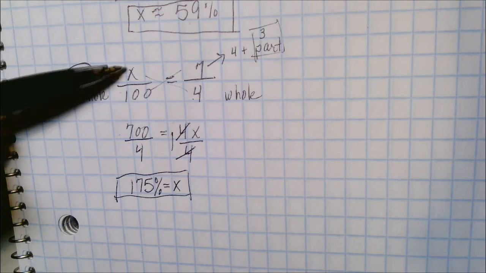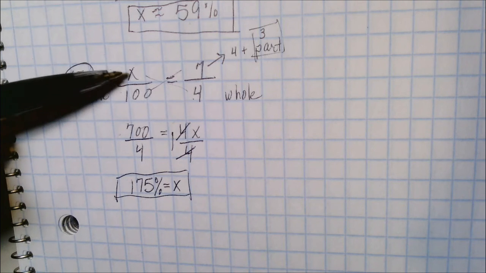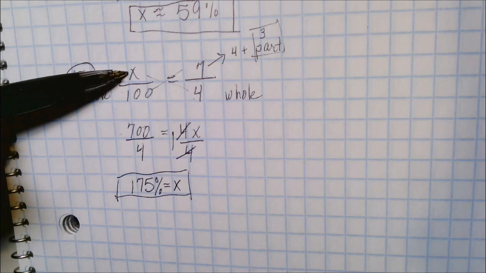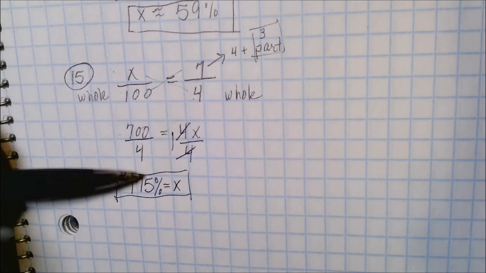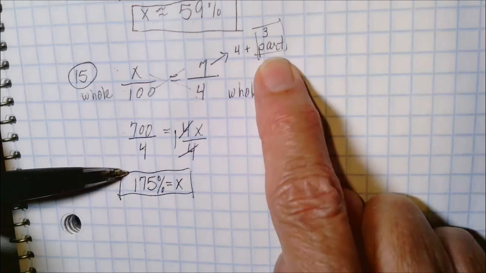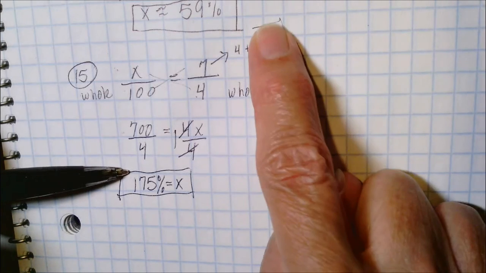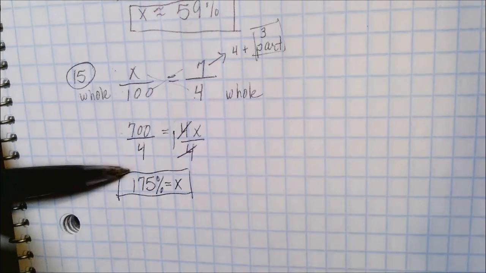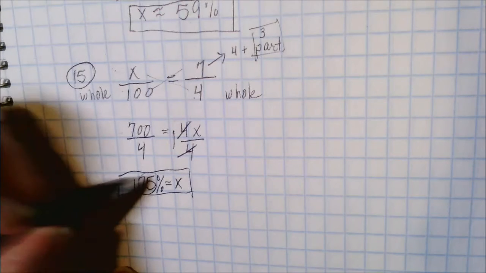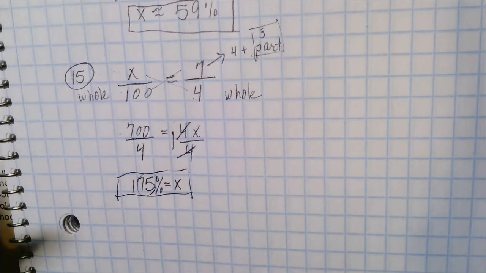So 175 does make sense for an answer. So the 3 right here, this part is the 75.